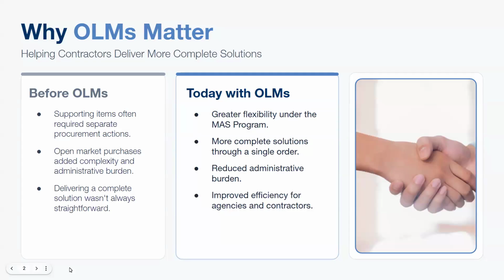Those items are not awarded on the schedule contract. Historically, obtaining these supporting items often required separate procurement actions, contract modifications, or other acquisition approaches, which increased administrative effort and extended procurement timelines.